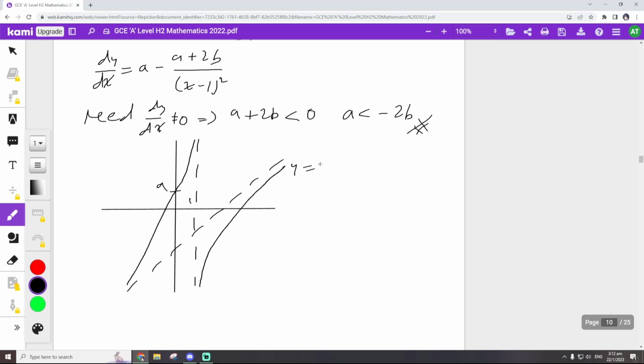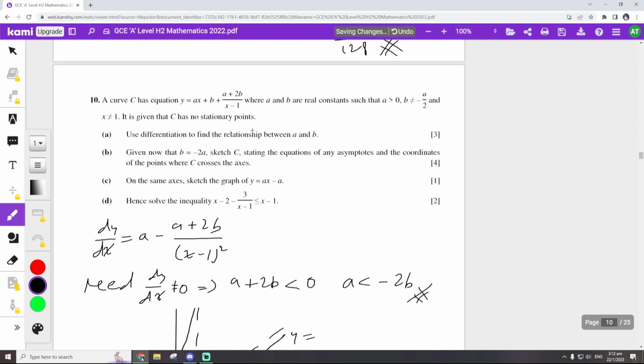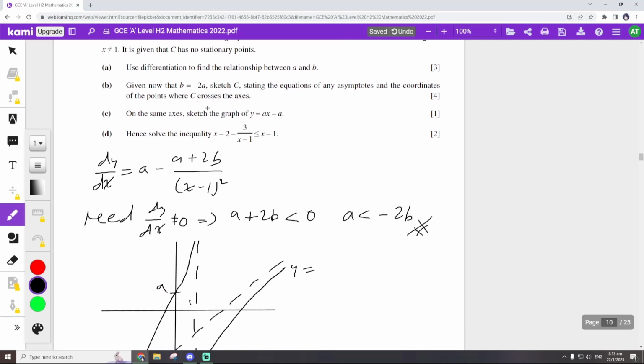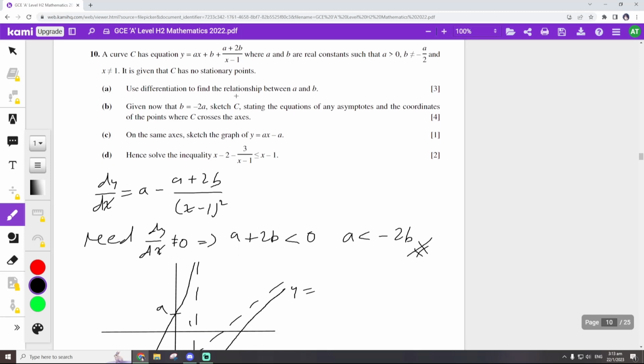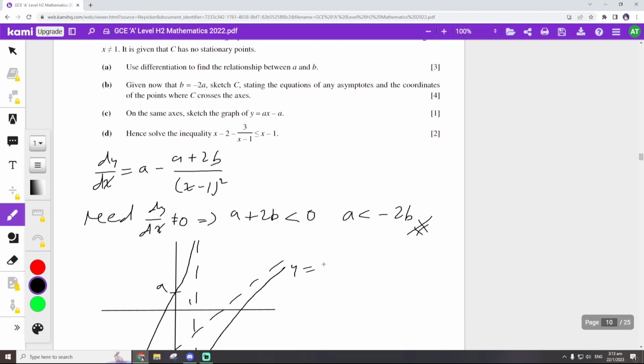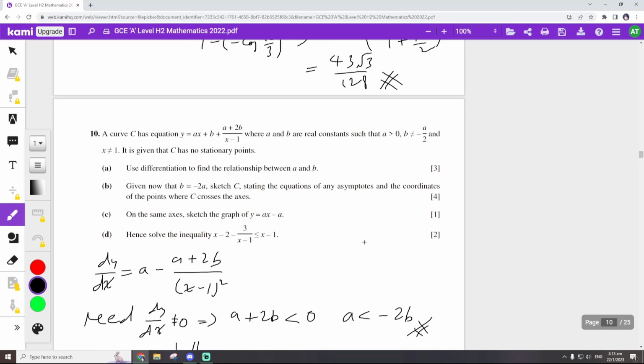Y equals, in this case you will get ax minus 2a, minus 3a, right? So you get y equals ax minus 2a, then minus 3a.